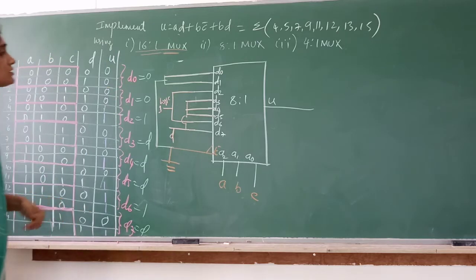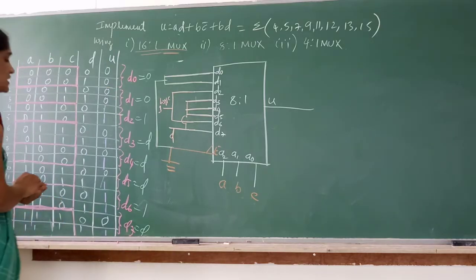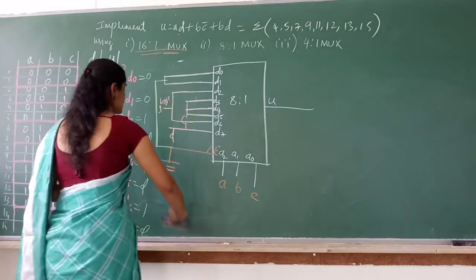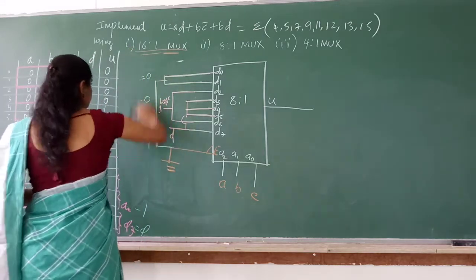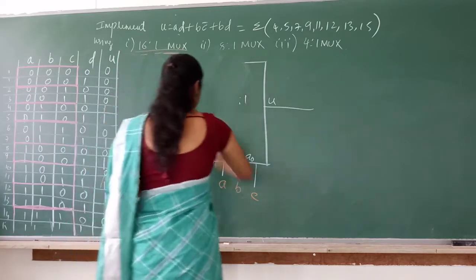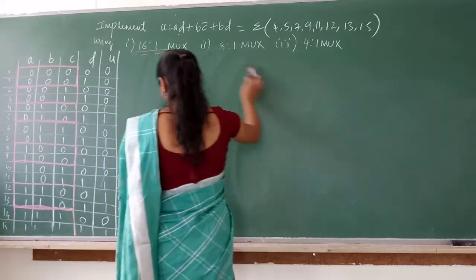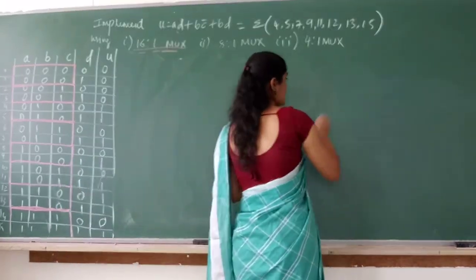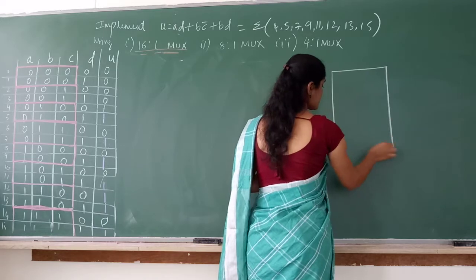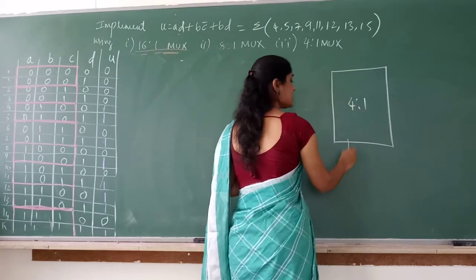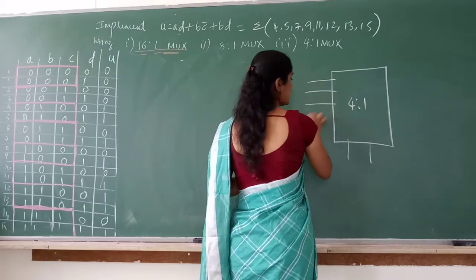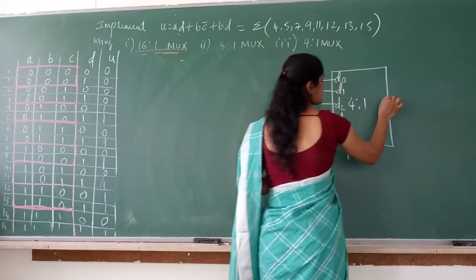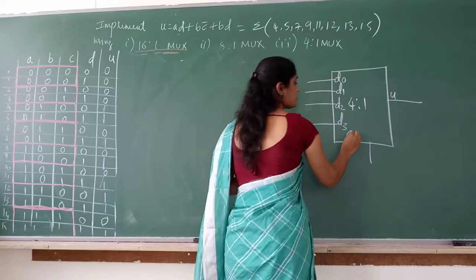Okay. So now the 8:1 multiplexer is done. Now we have to implement the same function using a 4:1 mux. Let us do that. Let us write the logic symbol of the 4:1 mux before we start the implementation and decide which two inputs we are taking as select inputs. 4:1 mux: 4 input lines, 1 output, 2 select inputs, A1, A0.